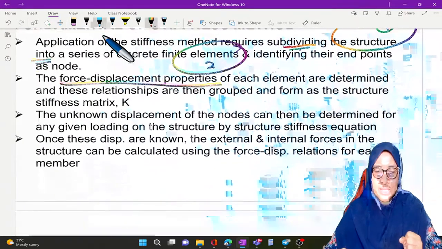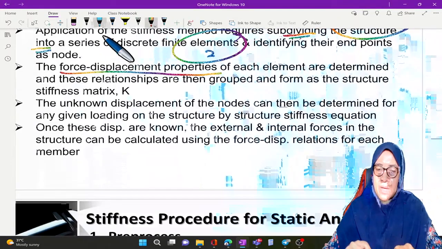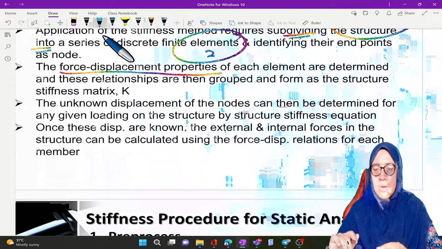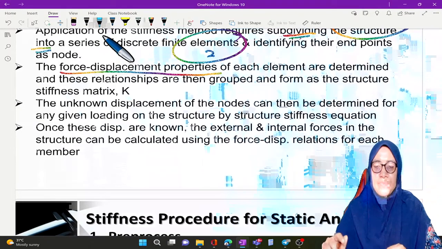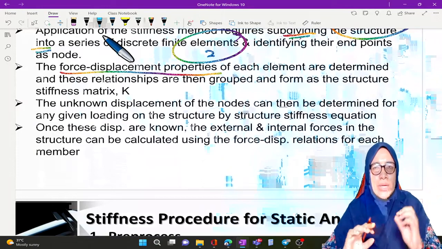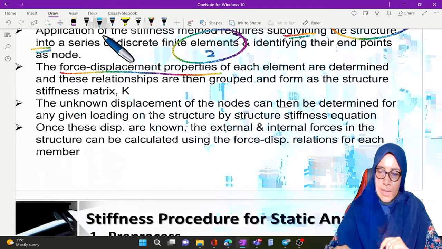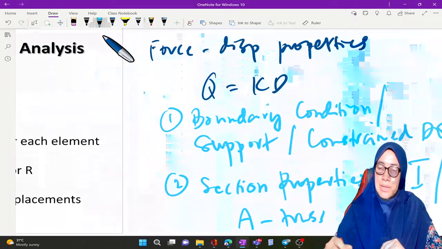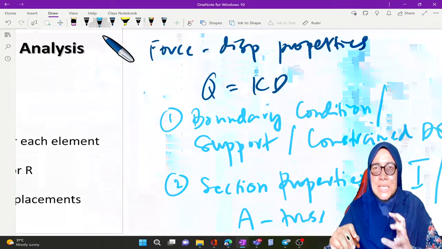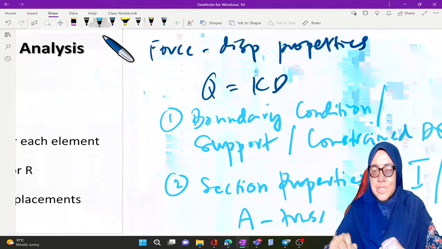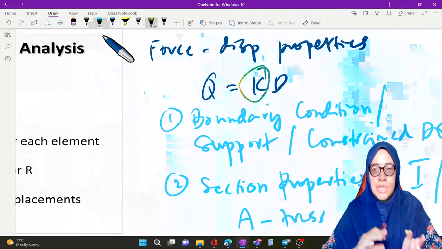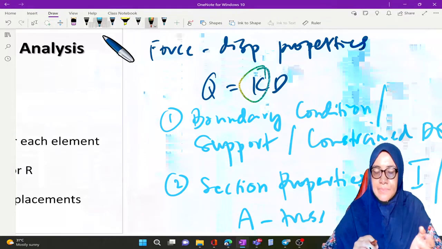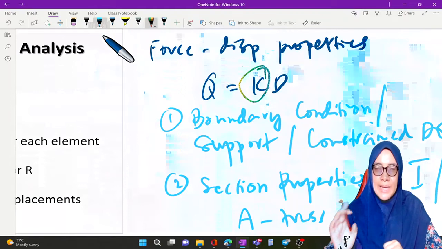Next, the unknown displacement. The force displacement properties are then determined, and this relationship is then formed as the structure stiffness matrix. Between Q and D there is a coefficient. Q is forces, D is displacement.